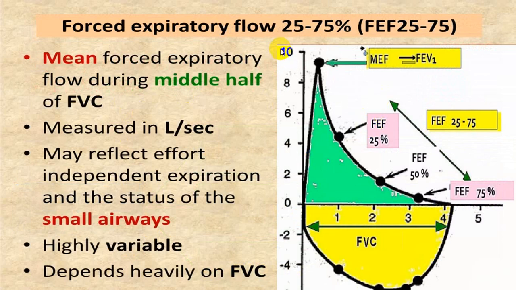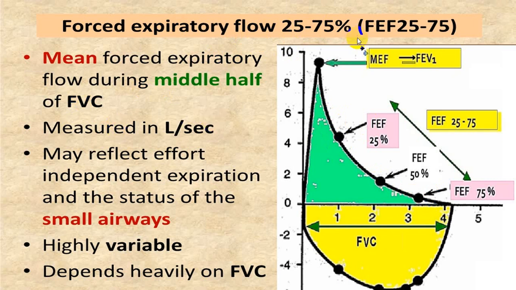Now if you look at forced expiratory flow between 25 to 75%, that is called the middle half of FVC.